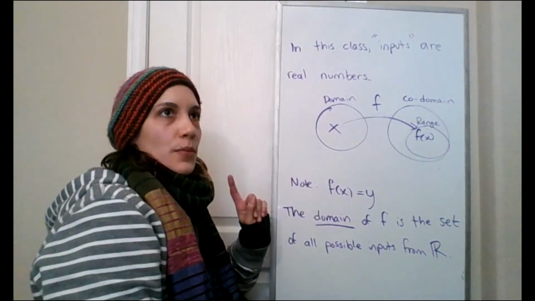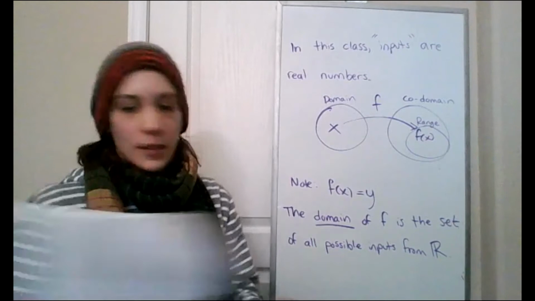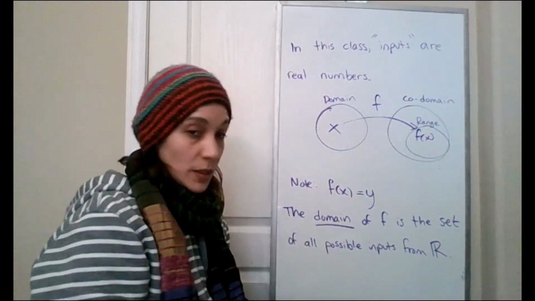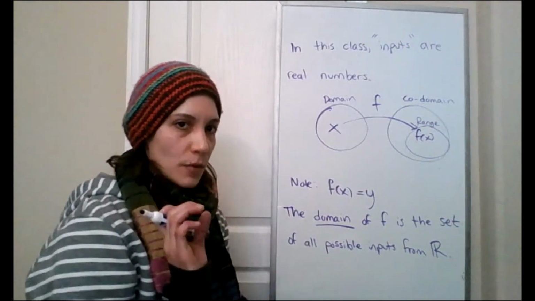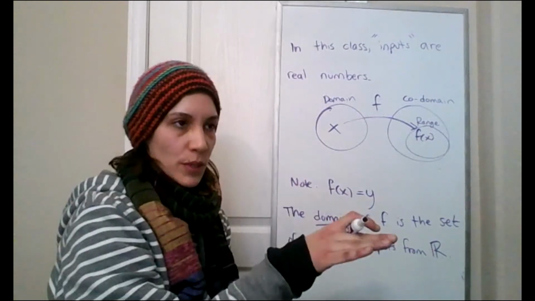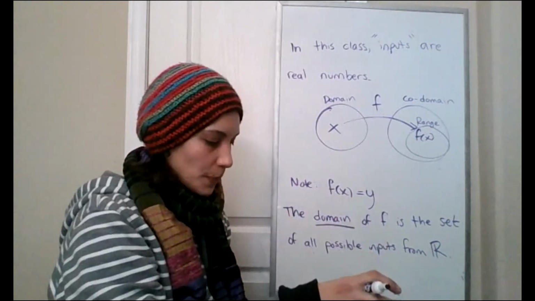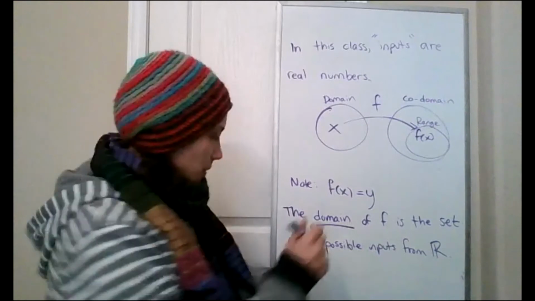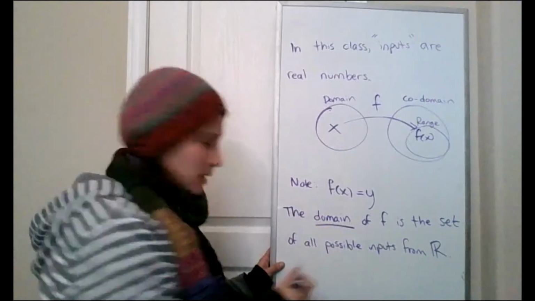I'm just going to tell you that f maps or sends inputs to the codomain, but the range is the set of the outputs.